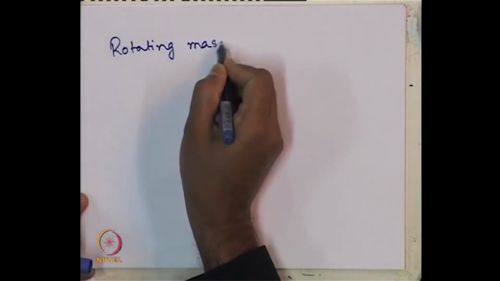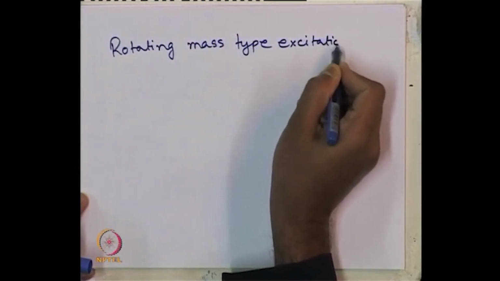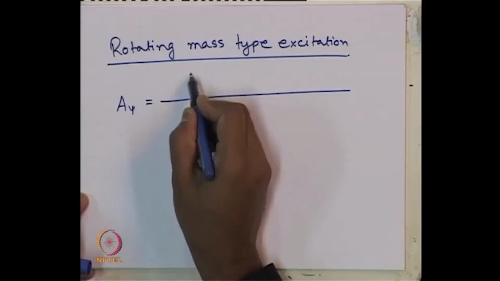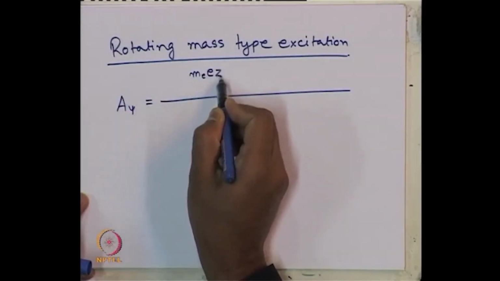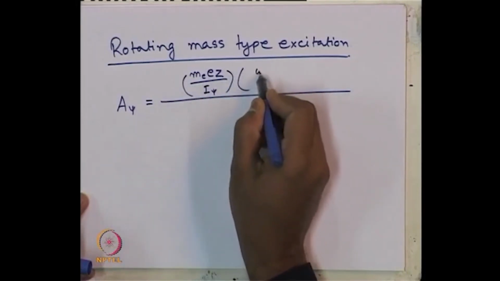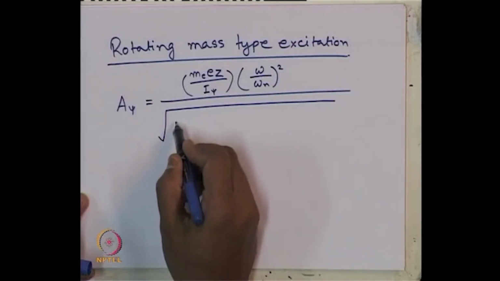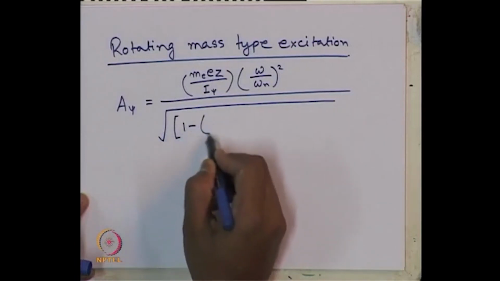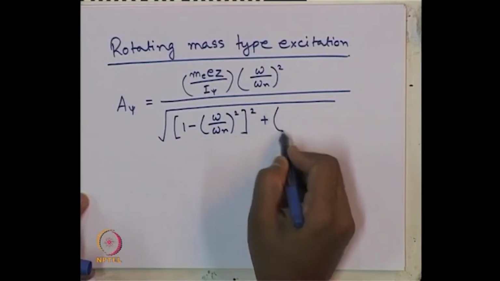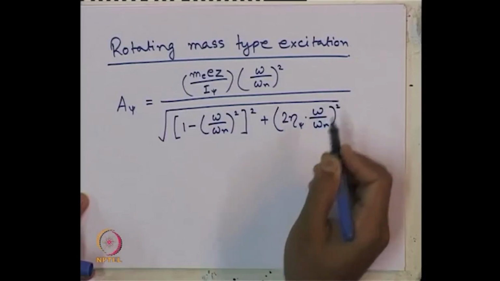For rotating mass type excitation, the expression for A psi is nothing but m e z by I psi, times omega by omega n whole square, divided by root over 1 minus omega by omega n whole square, that square, plus 2 eta psi omega by omega n whole square. That is the expression, right?